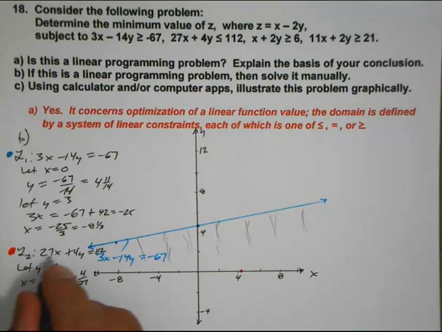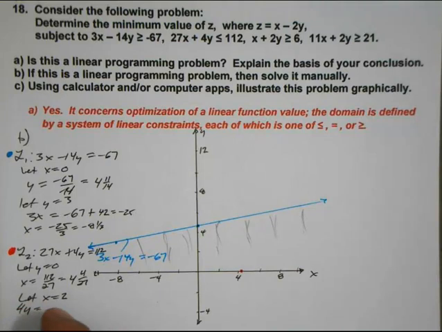Alright, so that gives us 54 here. So this means that we'd have 4y equaling 112 minus 2 times 27, 54. Okay, so what do we get for that? We get 8, and then it's 58.